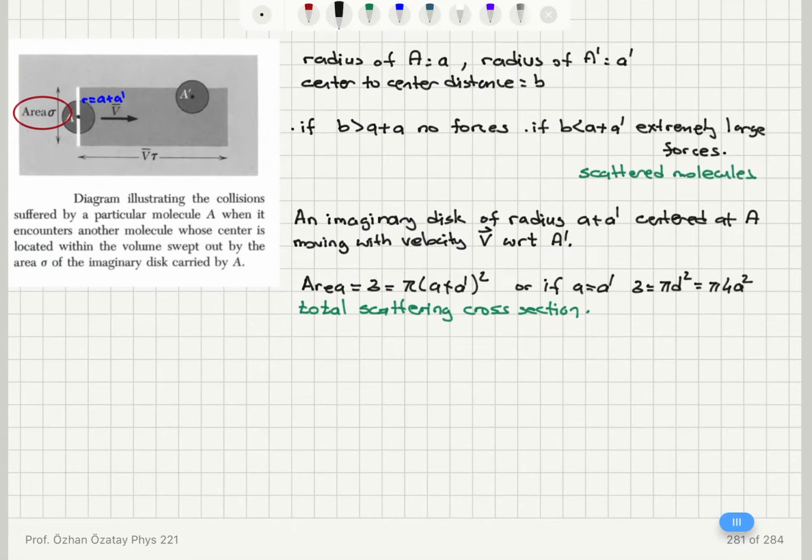So the volume swept by the imaginary disk will be equal to sigma V bar tau.